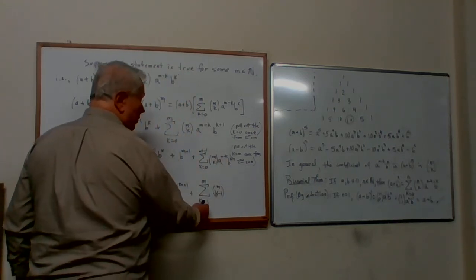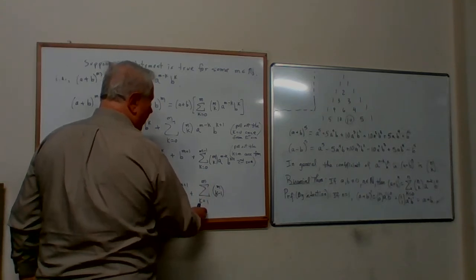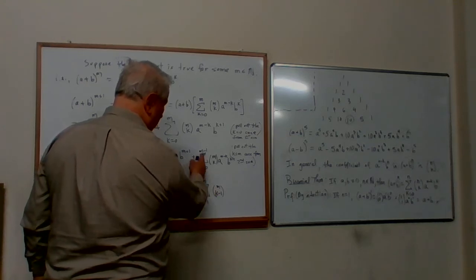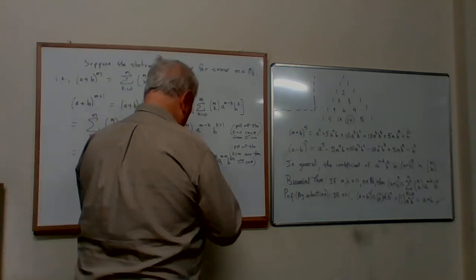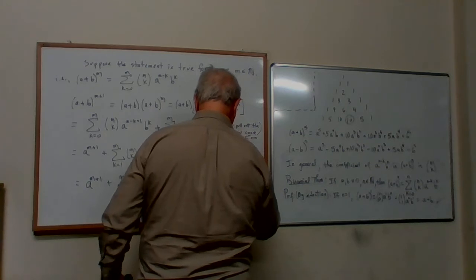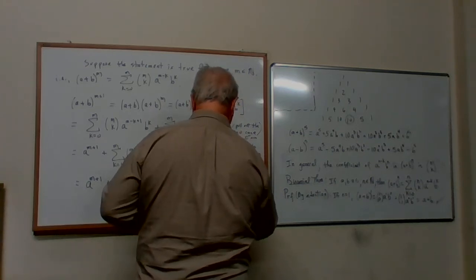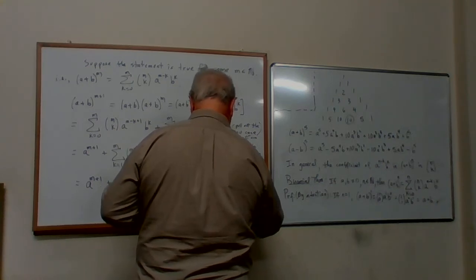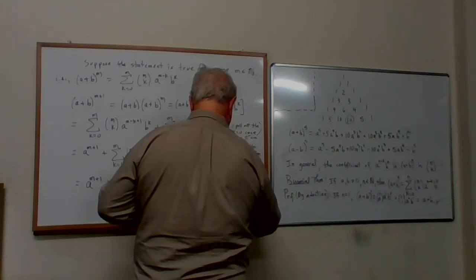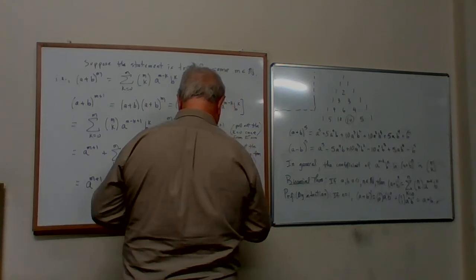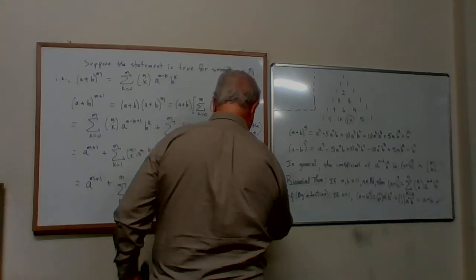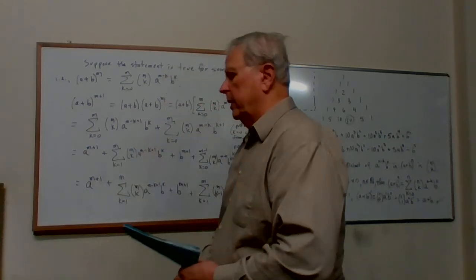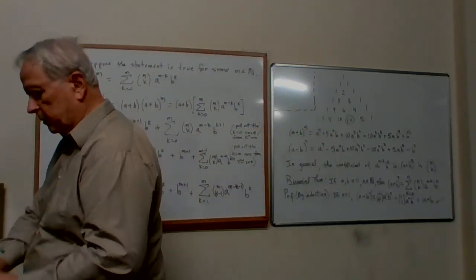So k minus 1 would start at 0 just like this did, and it would end with m minus 1 just like this one did. Times m choose k minus 1 times a to the m minus (k minus 1), b to the k. Okay, so we're making big progress here.